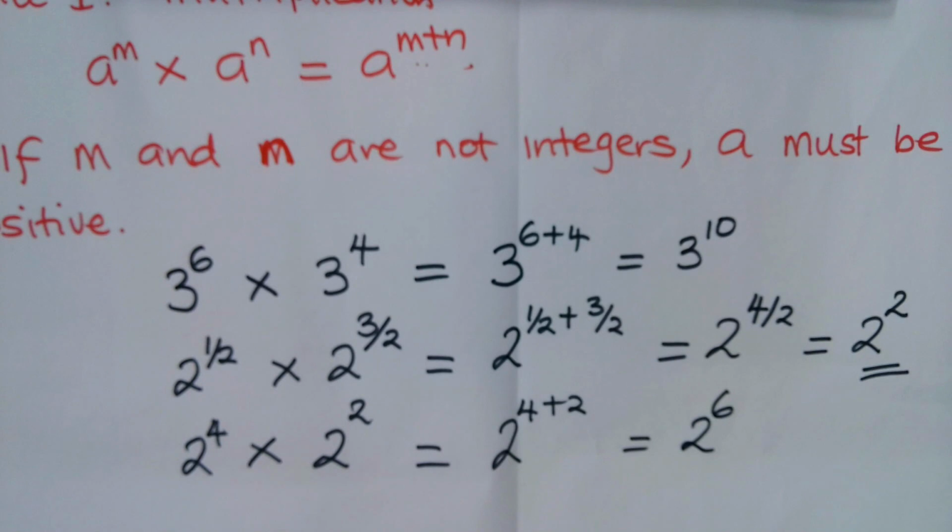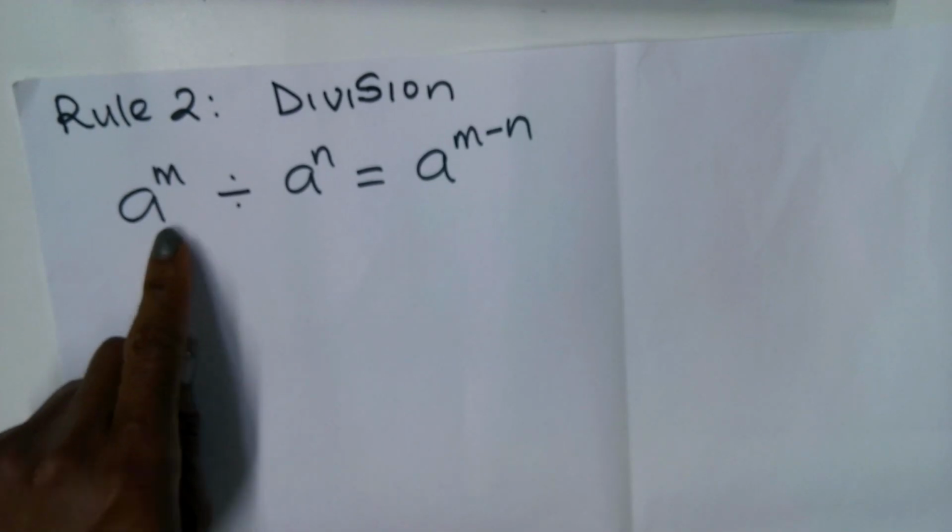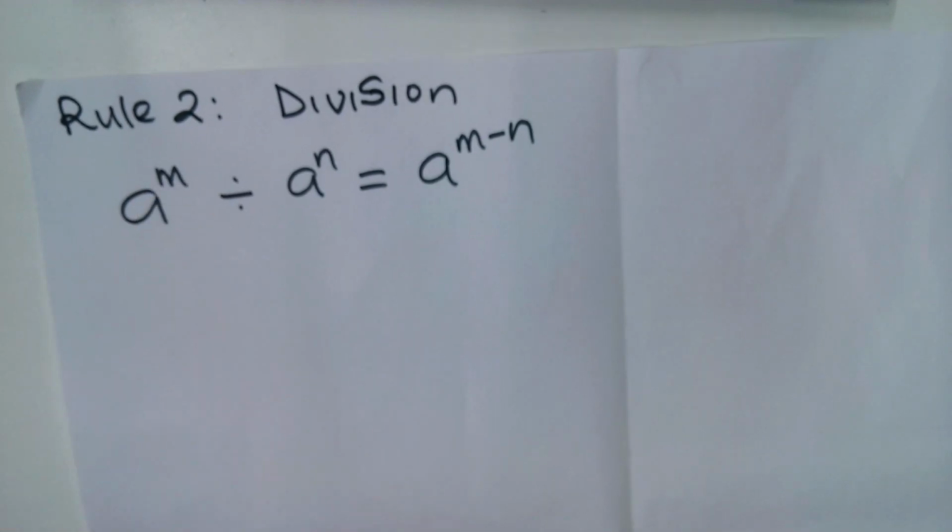Okay, so next we're going to do rule 2, which is division. So we have rule 2, division. So when you're given a raised to the power of m divided by a raised to the power of n, what we need to do is keep the base like we did for multiplication and subtract their powers.